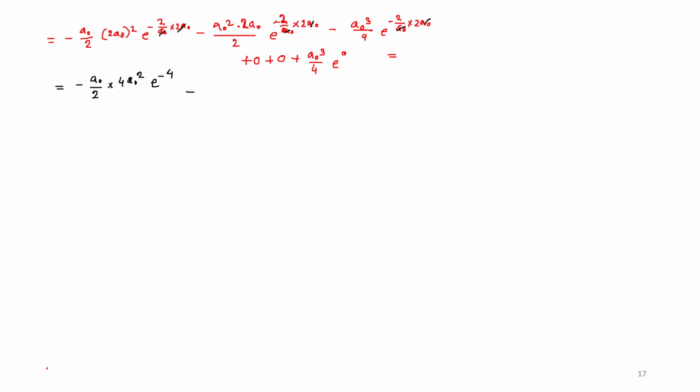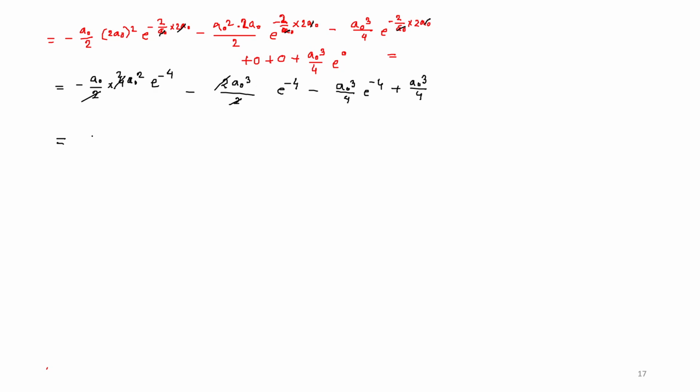Then from here we have obviously e to the power minus 4 we have. What about this term? We have 2 A naught cube by 2. So that 2 and 2 are going to cut. Obviously this is 4, so these 2 and 2 are going to cut. And then what do we have here? A naught cube by 4 e to the power minus 4 is there, and here it is only A naught cube by 4.